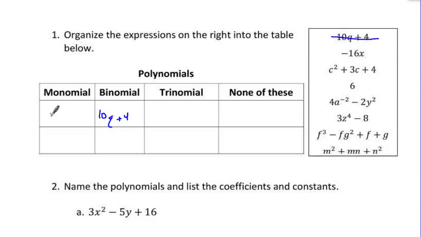So it's going to be a monomial, negative 16x. The next one, there's 2 plus signs separating 3 terms. So trinomial, c squared plus 3c plus 4.